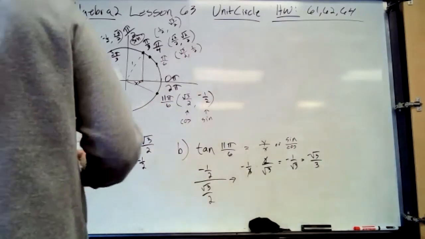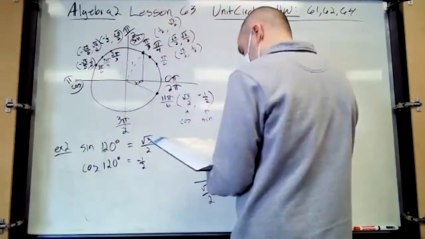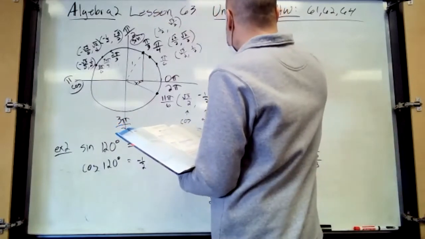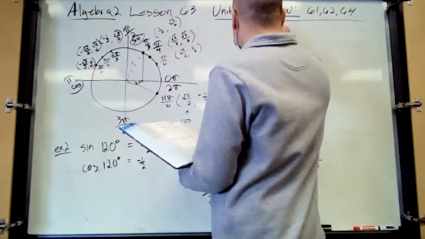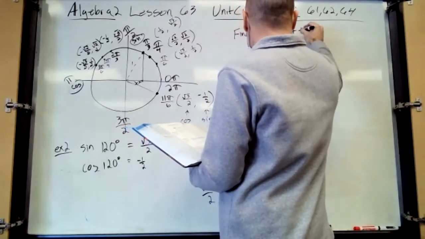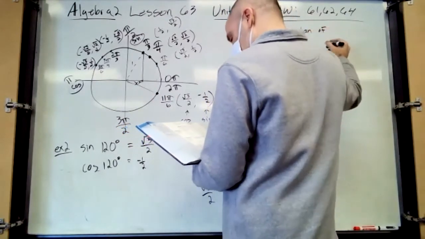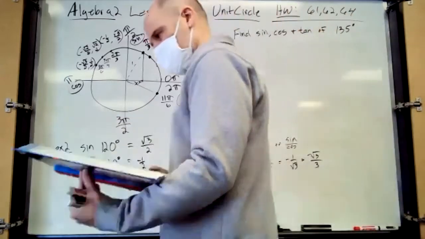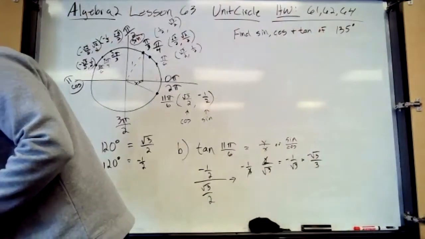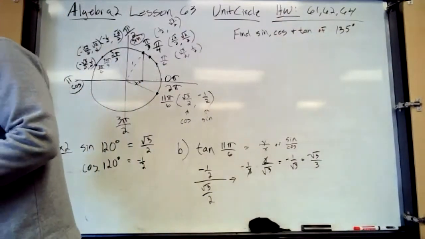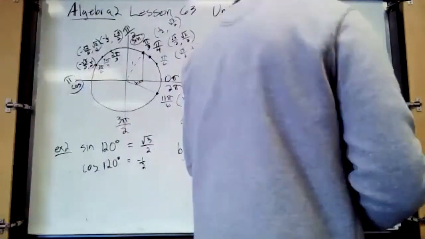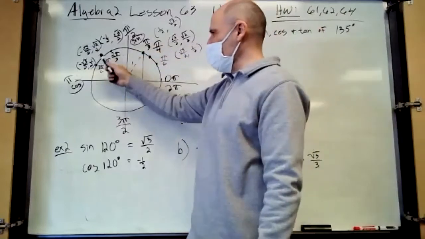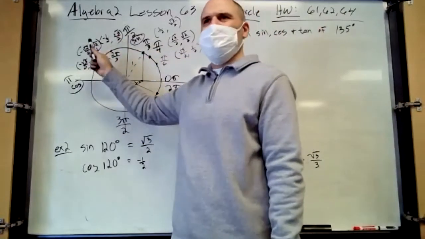Okay, so we're going to use reference angles to evaluate trigonometric functions. So I want to find the sine, cosine, and tangent of 135 degrees. Well, first of all, 135 degrees puts me in this quadrant over here, right?